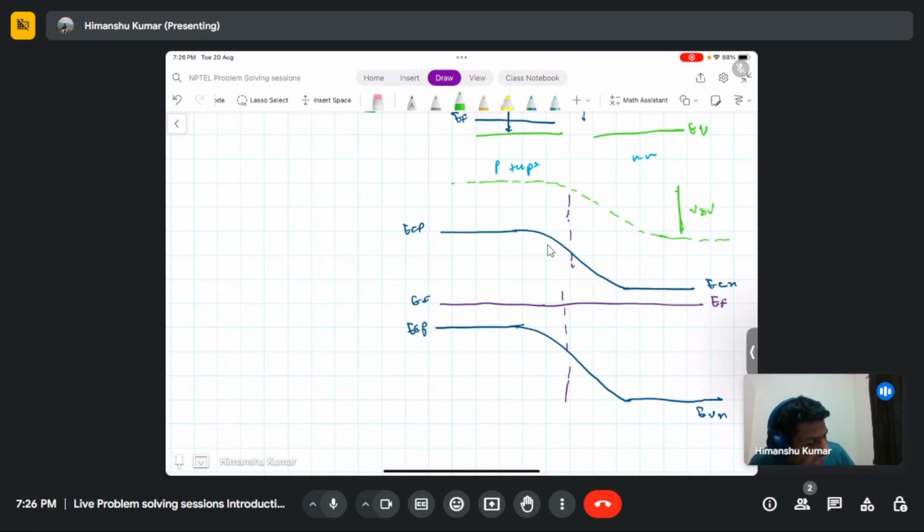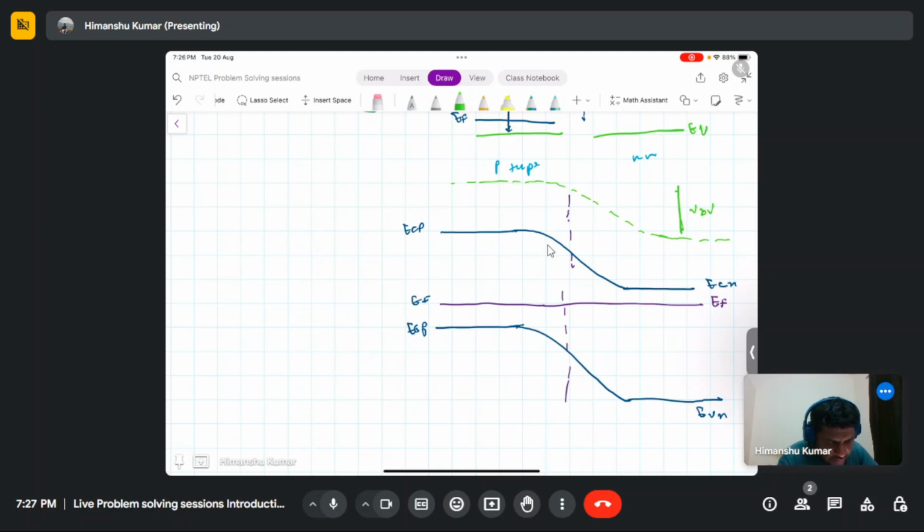That will also be fixed with respect to the conduction and valence band edges. Only the Fermi level will remain constant. So this is the band diagram of the p-n junction in equilibrium.